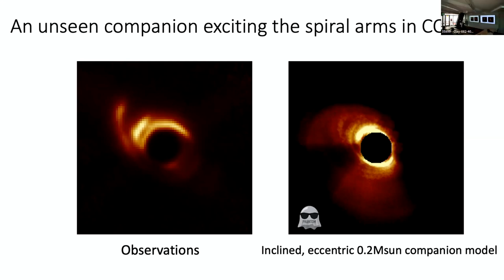Observationally, we were able to infer that we should have been able to detect a planet out here of around 3 to 5 Jupiter masses. So at least we had strong constraints that there shouldn't be a planet outside of the spiral arms. It has to be something in here that is causing the disk features.